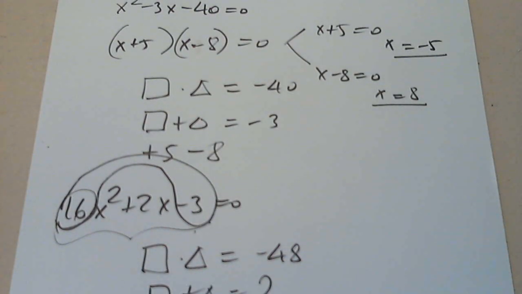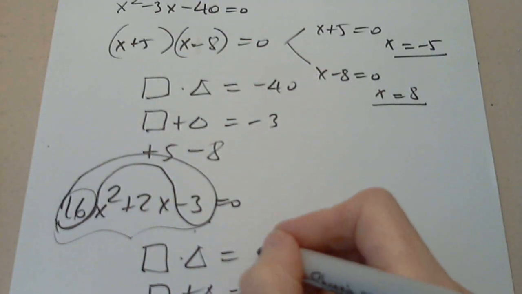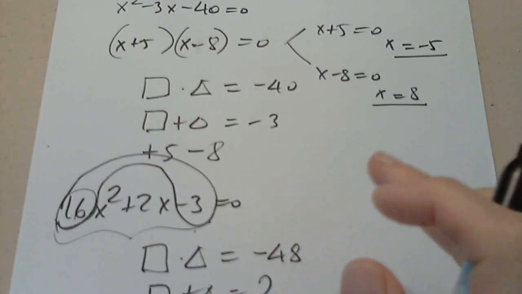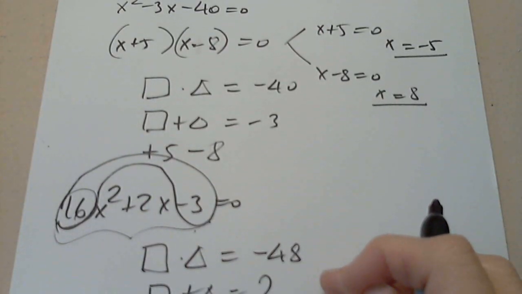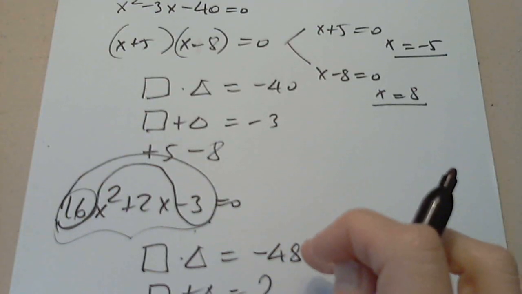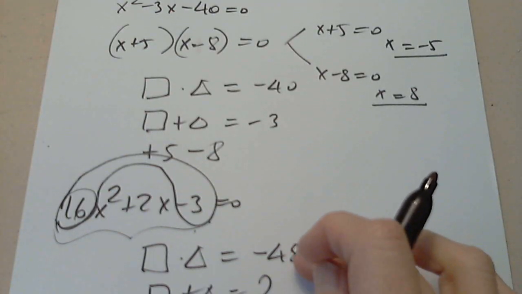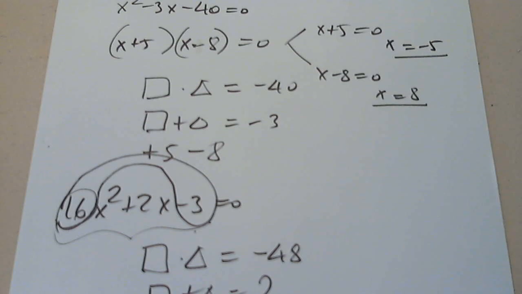So this is slightly more difficult, maybe because of the 48. The product is negative, which means one is positive and one is negative.